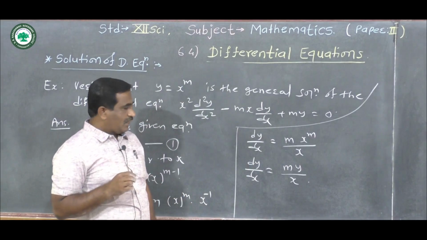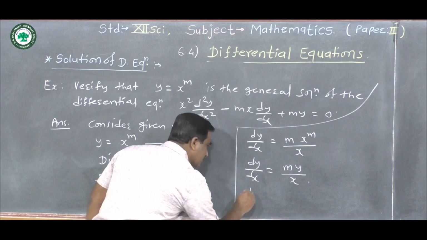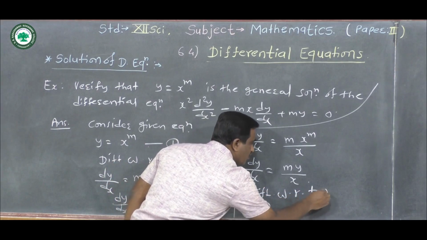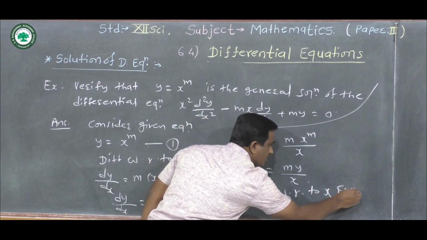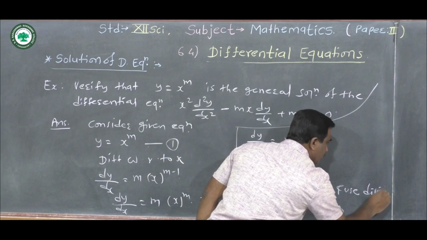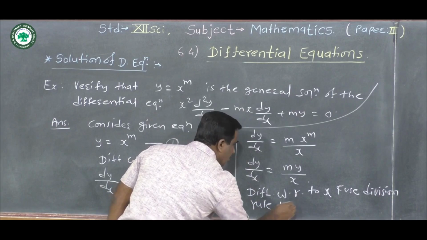Okay, now we differentiate this equation with respect to x and use the division rule on the RHS.